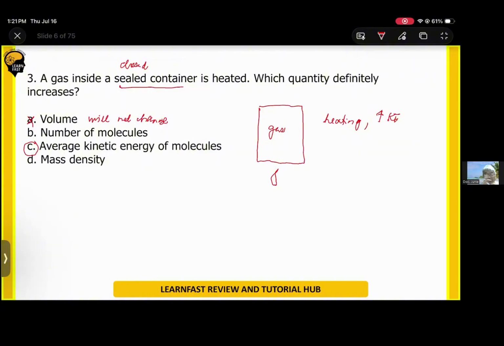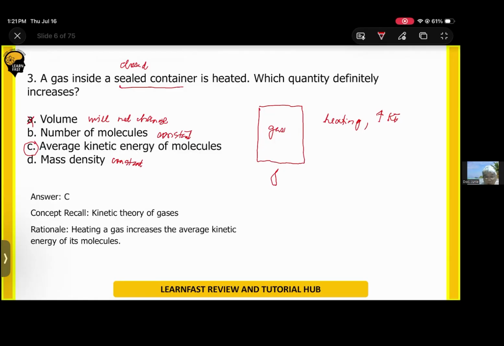The number of molecules of gases that are present inside the sealed container will still remain constant. So it will never increase. Then the mass density will not increase also, constant. So the answer is letter C. This would be the basis of our answer as explained: heating a gas increases the average kinetic energy of the molecules.